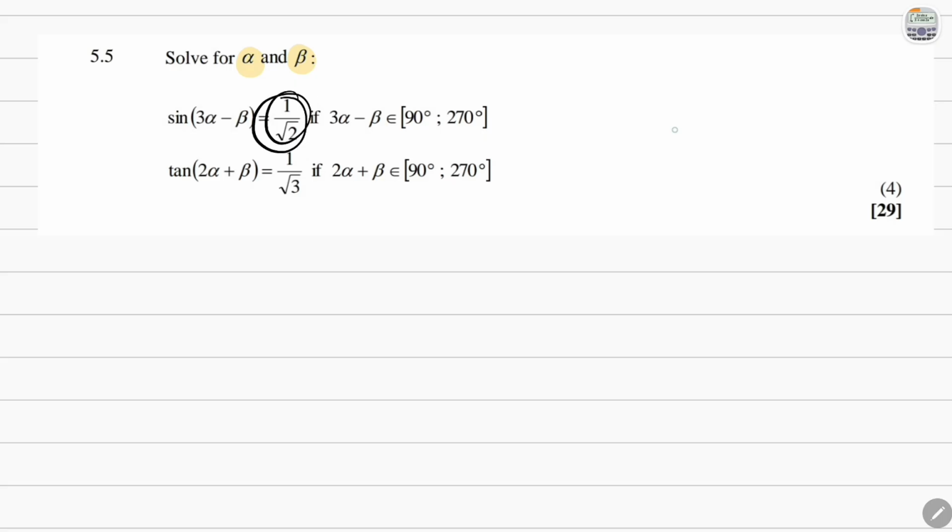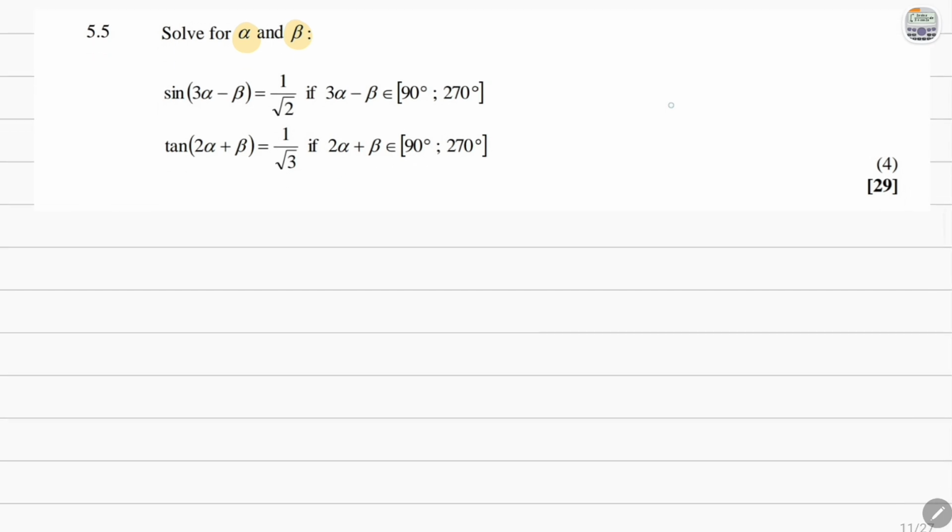You see that it has this type of fixed value, so special angles really. So we can actually find what the value of 3 alpha minus beta is. It will be equal to a specific angle, and so will 2 alpha plus beta, because it's equal to 1 over root 3. It's using tan, and they also tell us the quadrants.